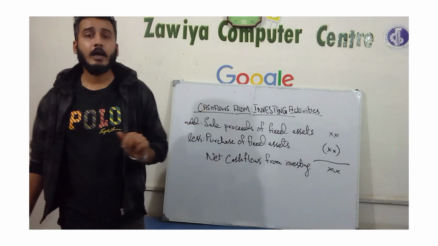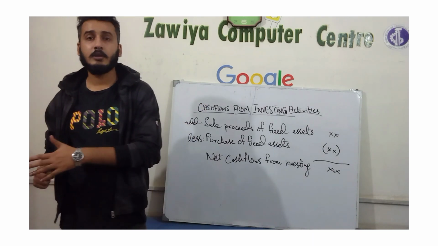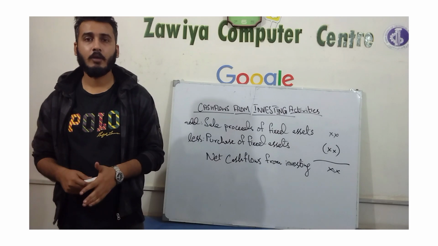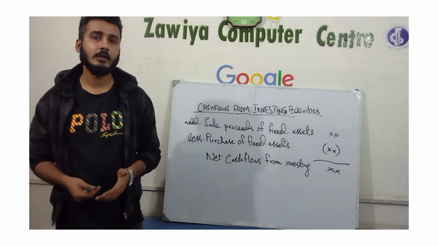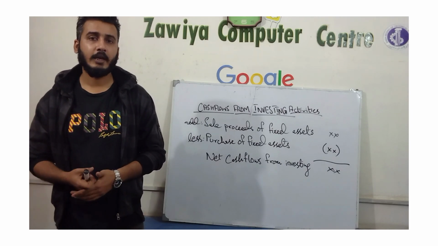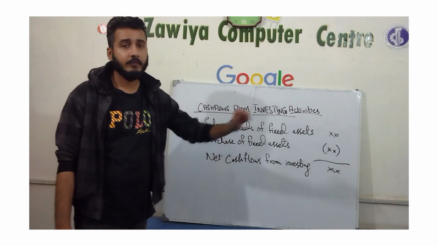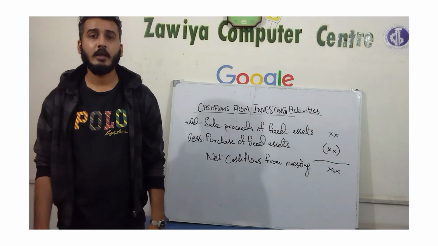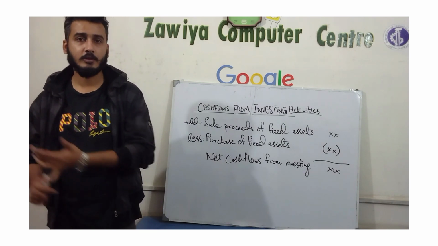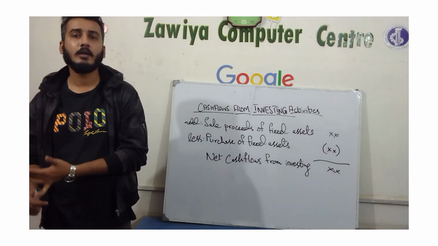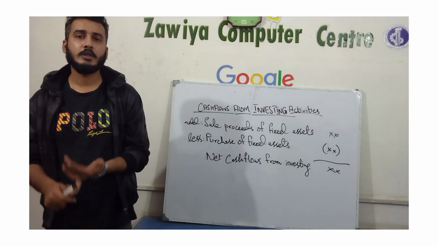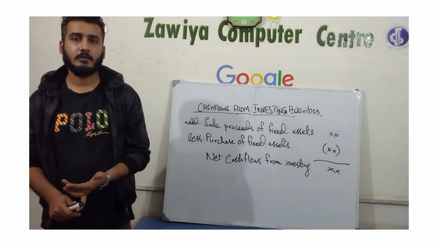So now I'll let you know why we were deducting the gain on disposal in operating activities and why we were adding the loss on disposal in operating activities. Here we have sale proceeds of fixed assets, we are adding this. If we deduct the gain on disposal from these sale proceeds, we will get the net figure which is equal to the cost of the asset.